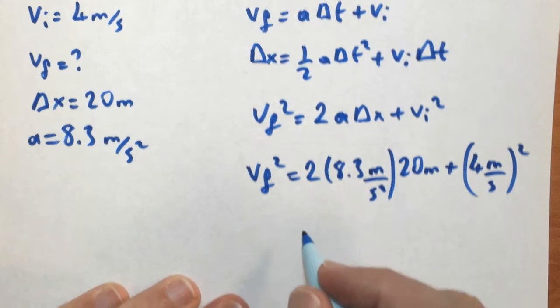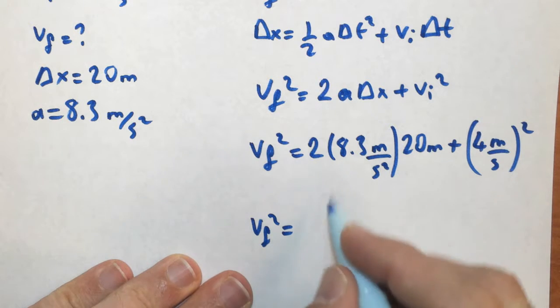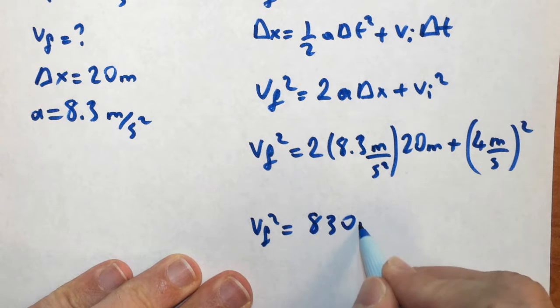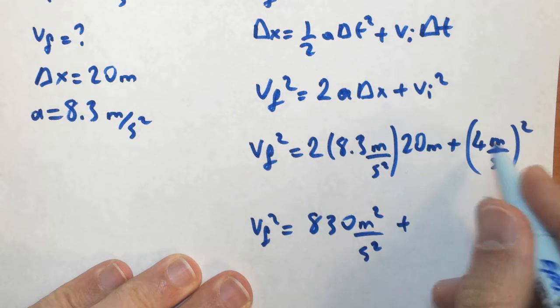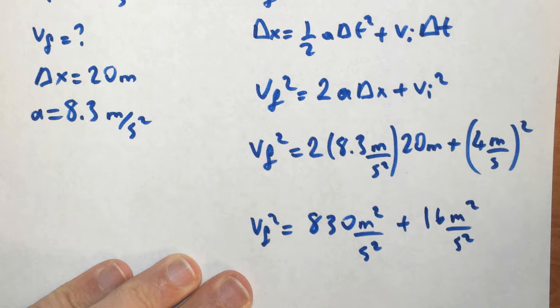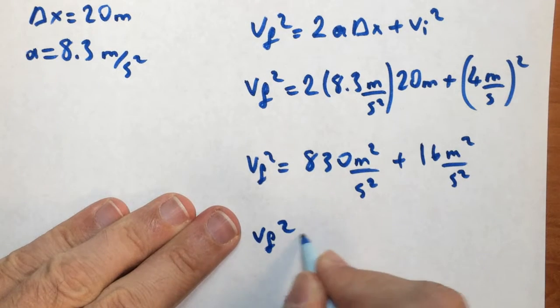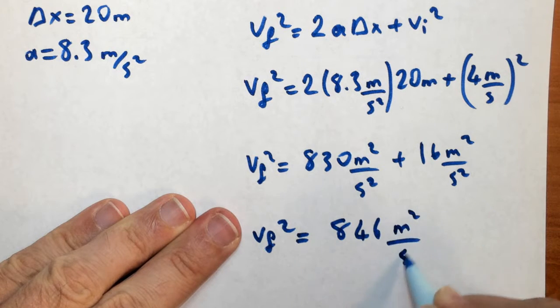V final squared equals 2 times 8.3 times 20, which is 830 meter squared over second squared, plus 4 squared, which is 16 meter squared over second squared. Adding them together, we have v final squared equals 846 meter squared over second squared.